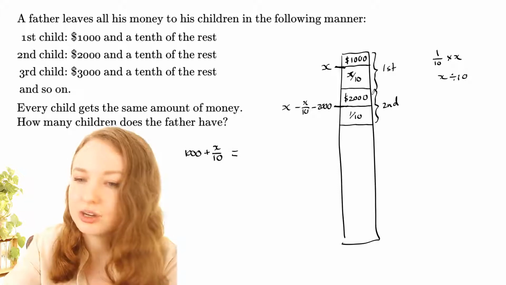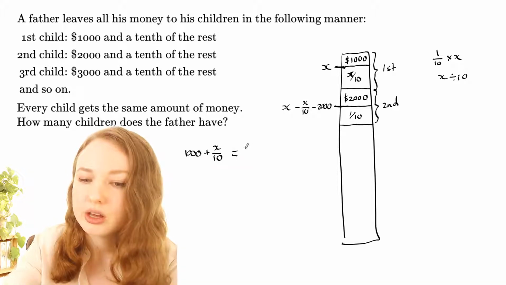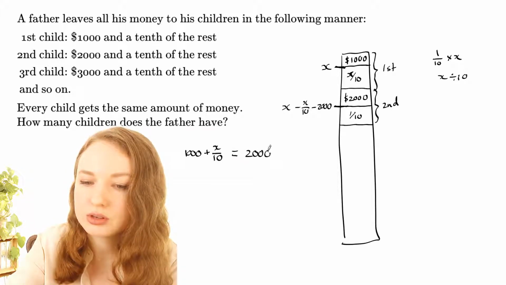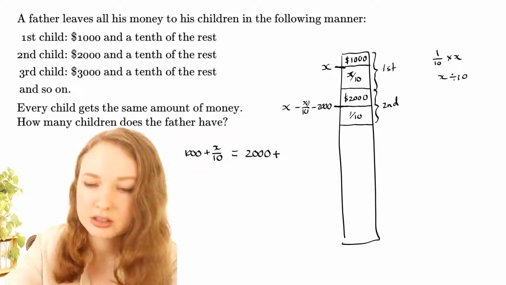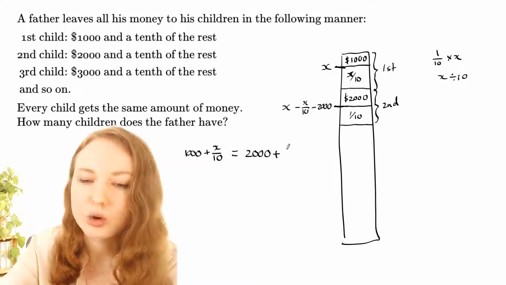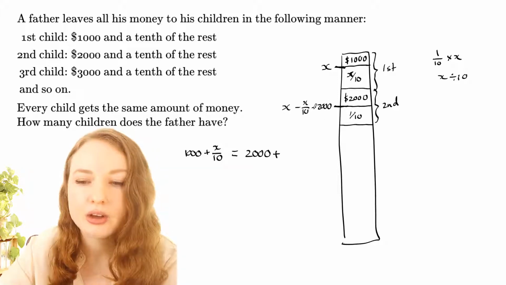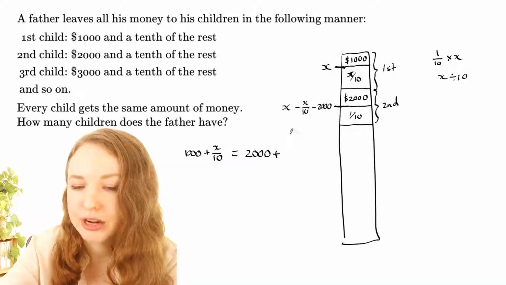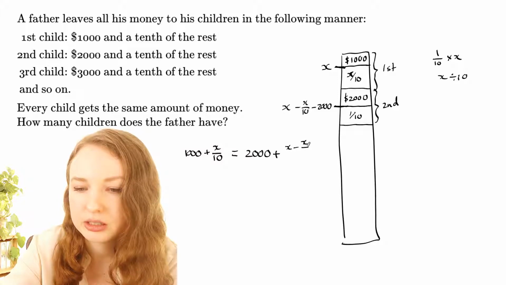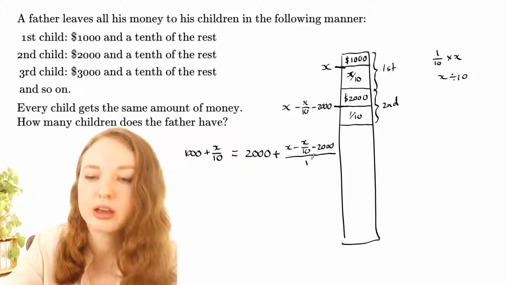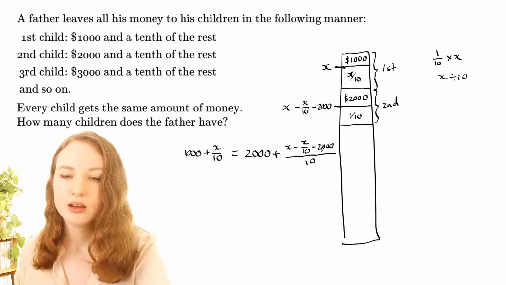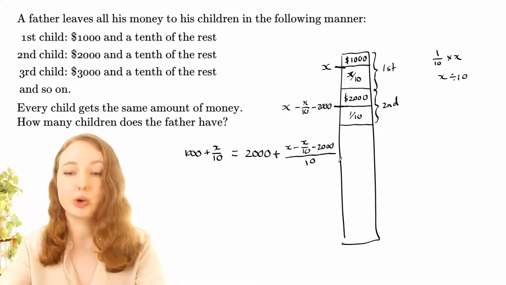That has to equal this amount of money, which is 2,000 plus a tenth of that. So you can write that as like 1 over 10 times that, or you can write it as a fraction as like x minus x over 10 minus 2,000 all over 10. All right, so now we've got the equation.